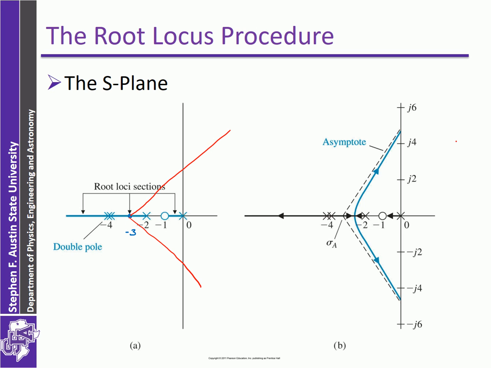So what is going to happen, one of these poles is going to move in this direction, the other pole will move in this direction. They're going to collide, and one of them is going to follow the asymptote, the other one is going to follow the other asymptote, while this pole basically falls into the 0, and the remaining pole is going to move out to infinity.